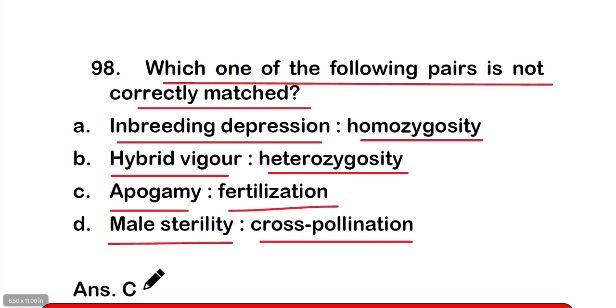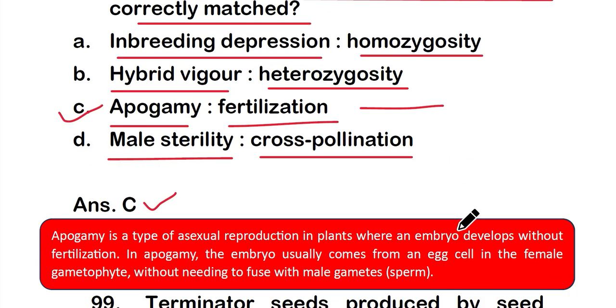And the right answer is option C, that is apogamy is matched with fertilization, that is not correctly matched. So here apogamy is a type of asexual reproduction in plants where an embryo develops without fertilization. In apogamy, the embryo essentially comes from cells in the female gametophyte without needing to fuse with male gametes or sperms.